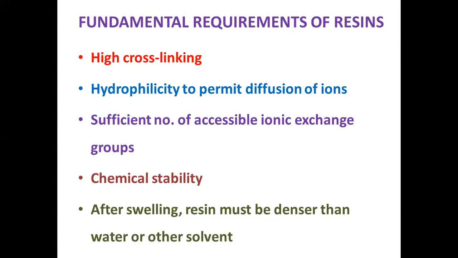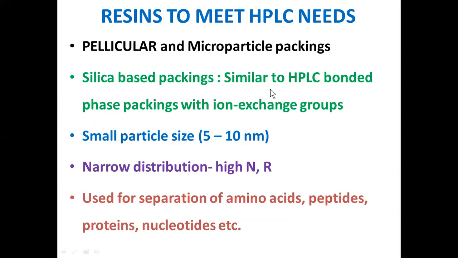And the solvent, whatever we are passing through the chromatographic column, must be freely flowing through the resin. So the resin must be packed tightly in the chromatographic column, having larger density. If it has a lower density than the solvent we are going to use, then the resin will be floating in the liquid. So these are the requirements of the resin.